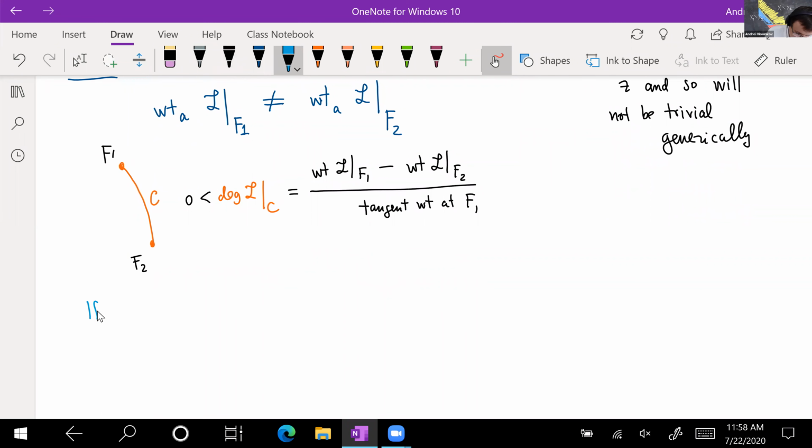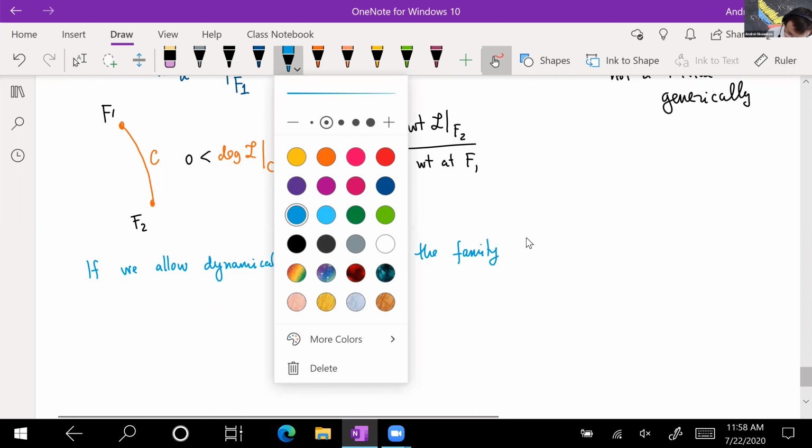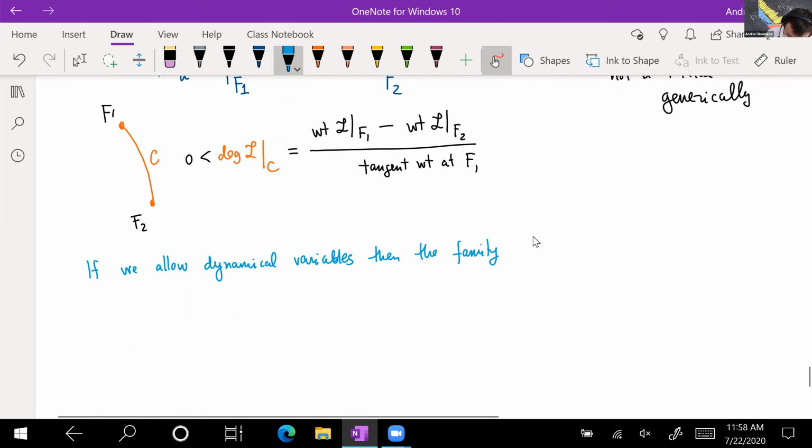If we allow dynamical variables, then the family that we're trying to prove, of which we want to compute the family of this S restricted to whatever fixed locus, is non-trivial.